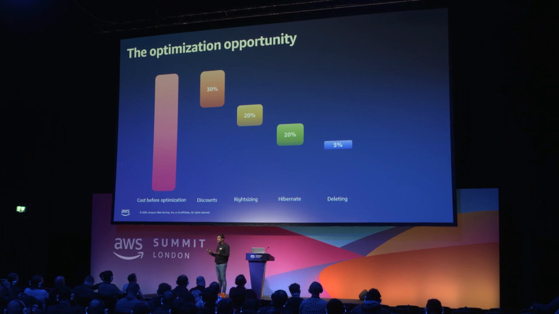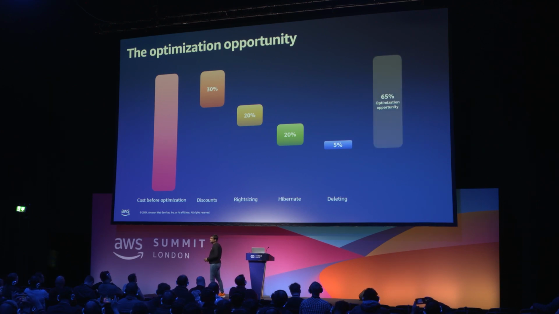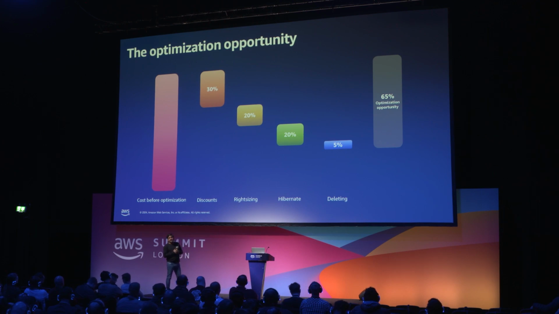Lastly, those unloved leftover resources which you are not using, if you delete them, that will give you a 5% of savings. So if you add all of them up, you could potentially get 65% of savings on your AWS bill. But wait, if you actually add all of them, you actually get 75% of savings.